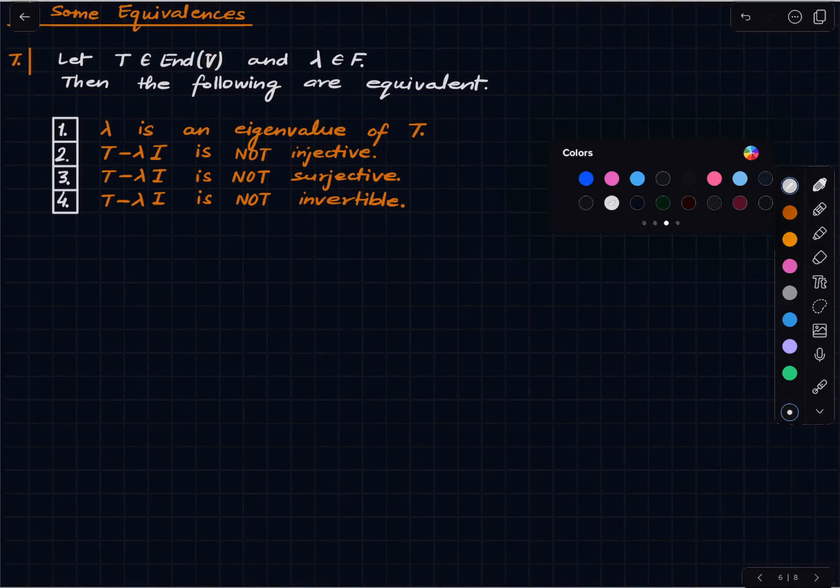So let's just see this, and this is a matter of straightforward invocation of definition.